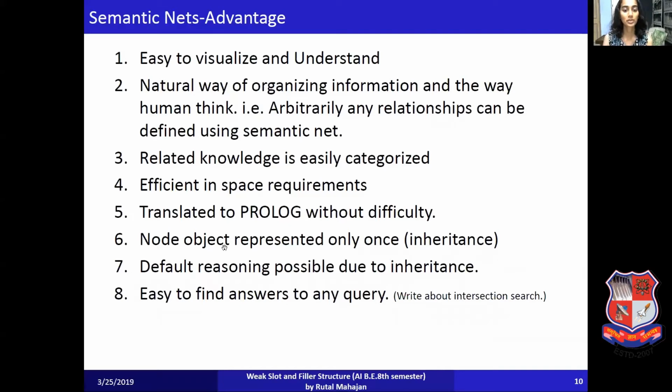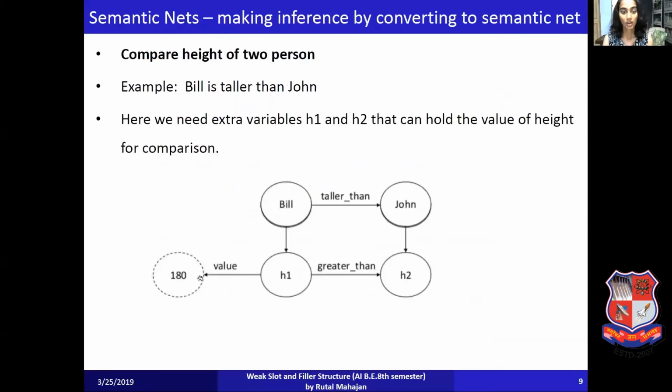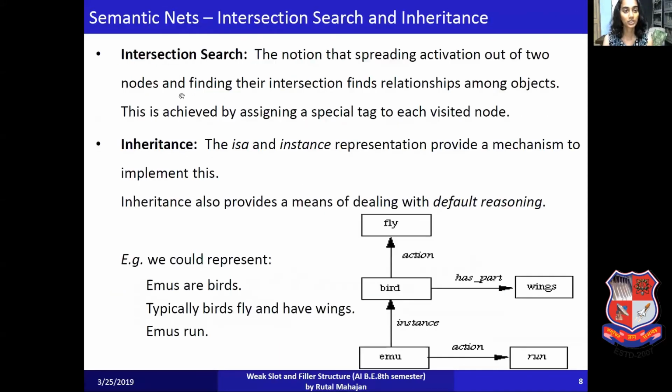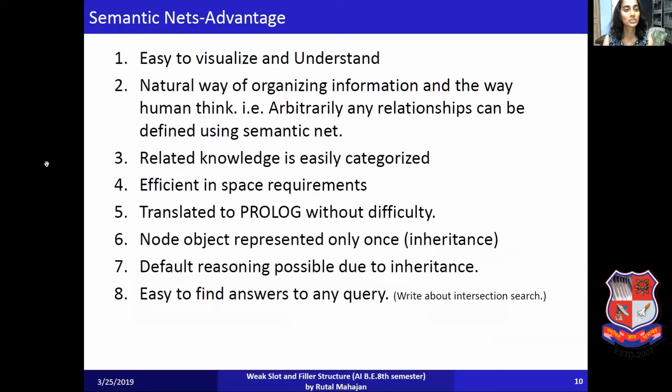Node object represented only once, that is, it has the property of inheritance. Default reasoning is also due to the inheritance property of semantic net. Easy to find answers to any query, like we have just seen using intersection search. So those are the advantages of semantic net.